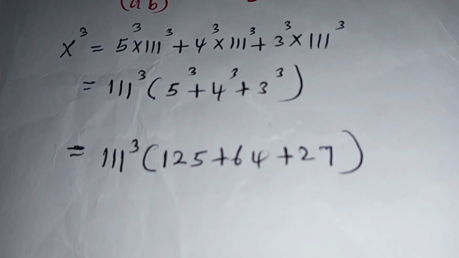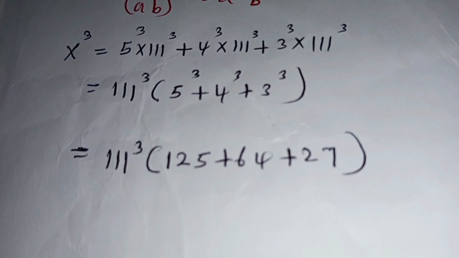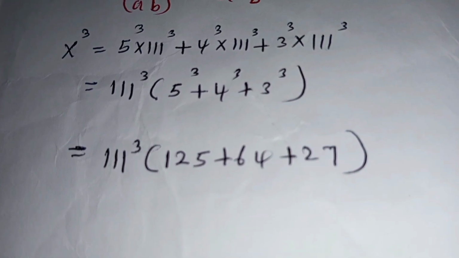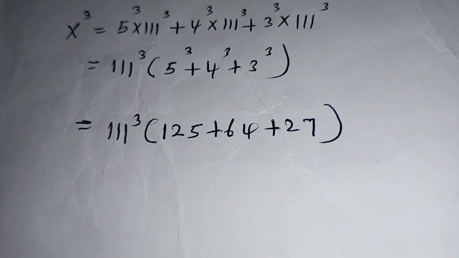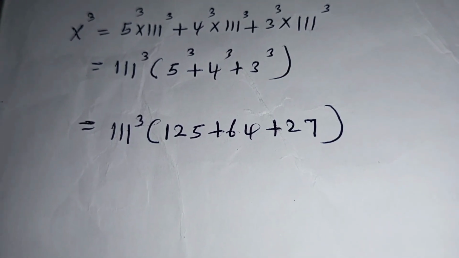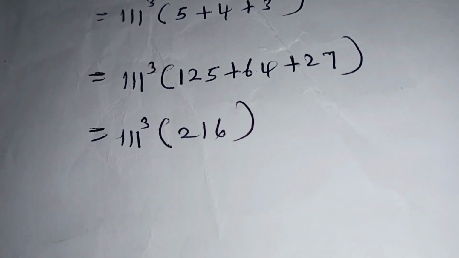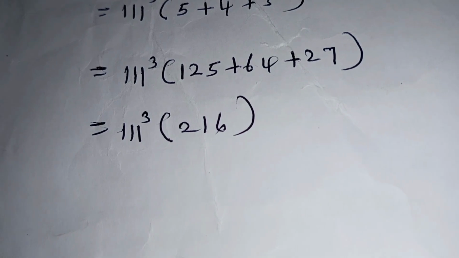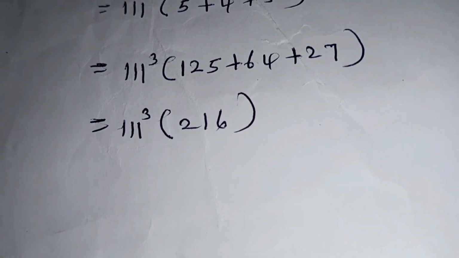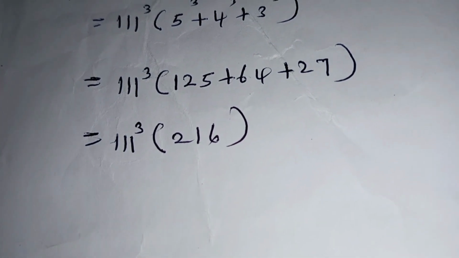So we get 111 to the power 3 multiplied by 125 plus 64 plus 27. 125 plus 64 plus 27 is 216. So you have 111 cubed multiplied by 216. 216 is the same as 6 to the power of 3.